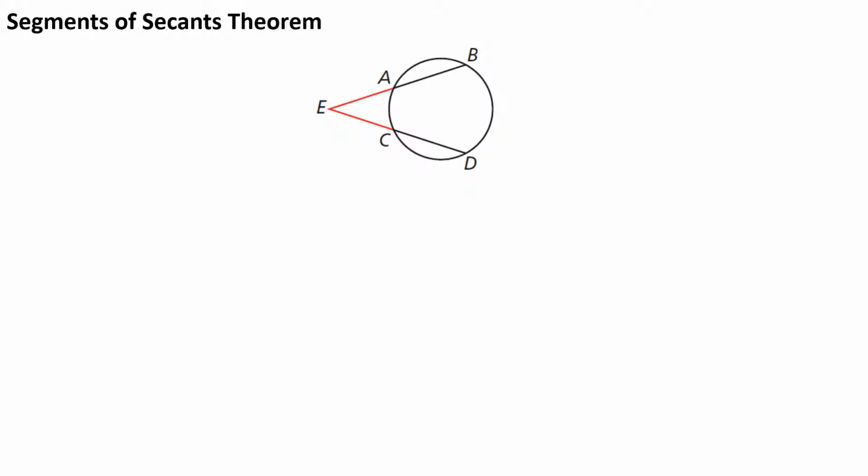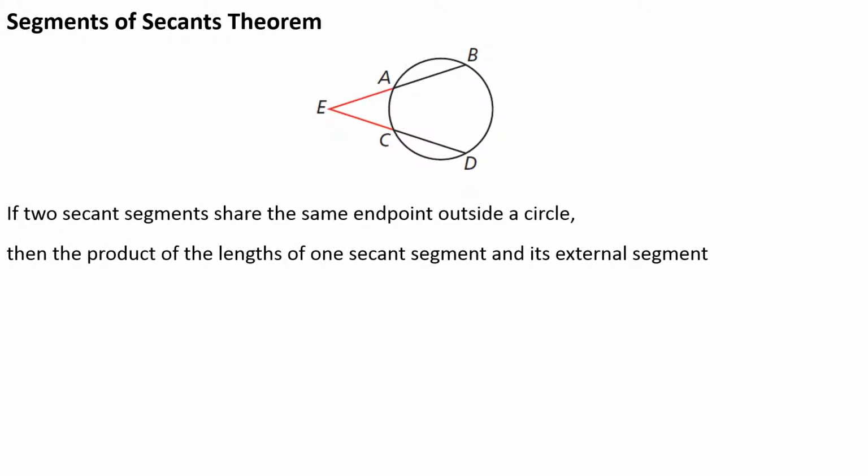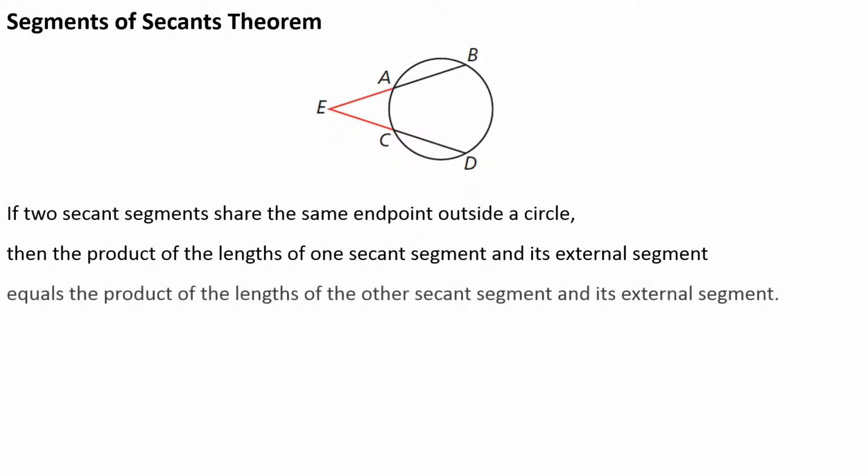Okay, now what if we have two secants? All right, so EA times EB is equal to EC times ED.